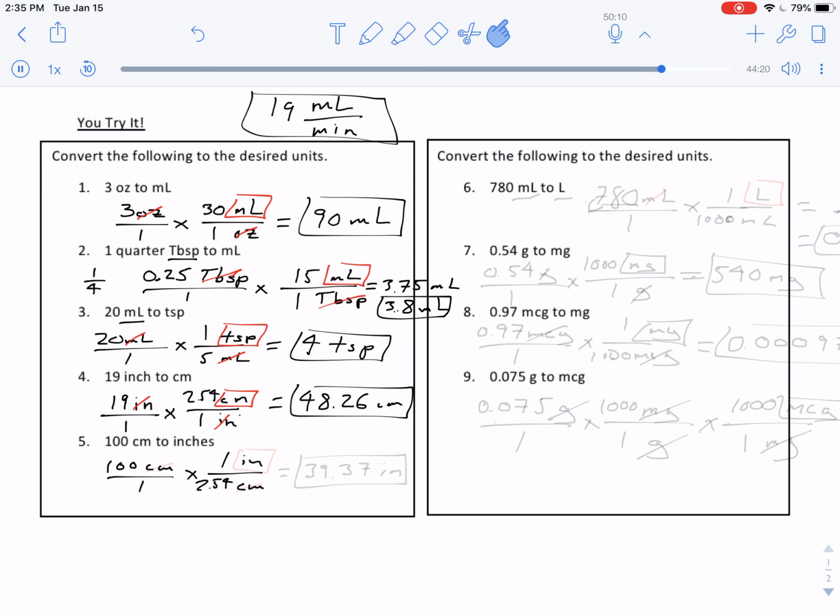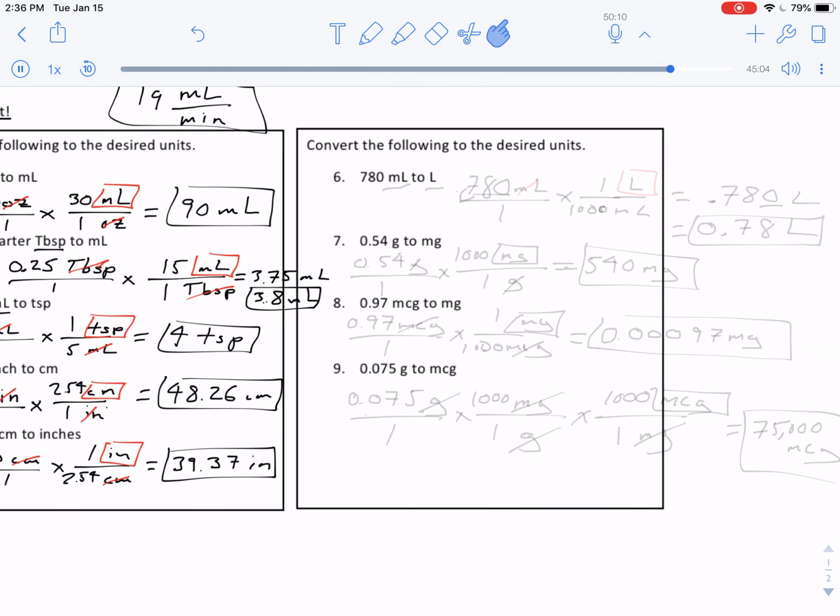We can see the centimeters cancel, the inches are left over, so we take 100 and divide it by 2.54, and that equals 39.37 with a bunch of zeros and other things afterwards. So I'm rounding to the second decimal here just to be safe. Most likely it would be rounded to the first decimal place if you're doing this. All right, so that's some conversions.